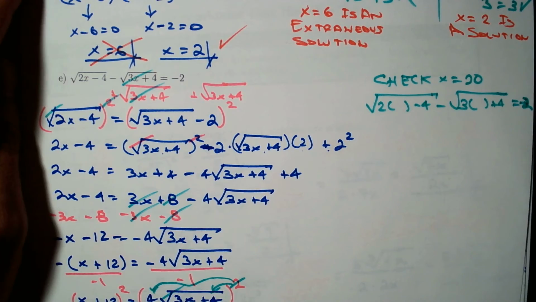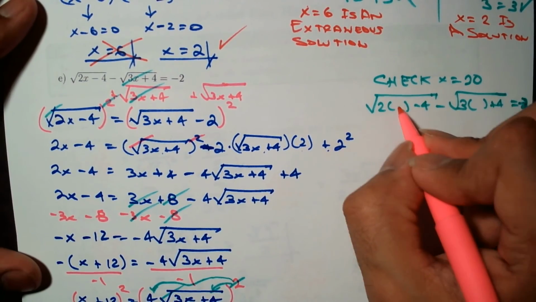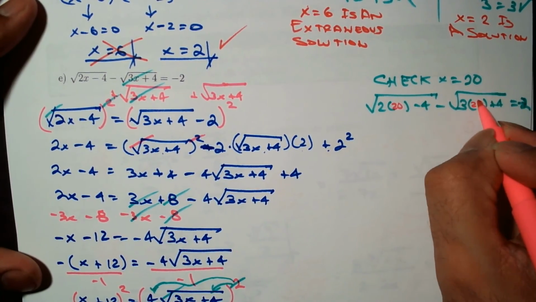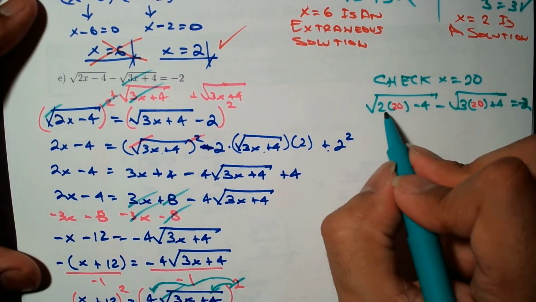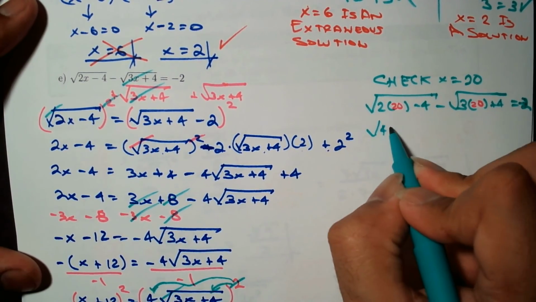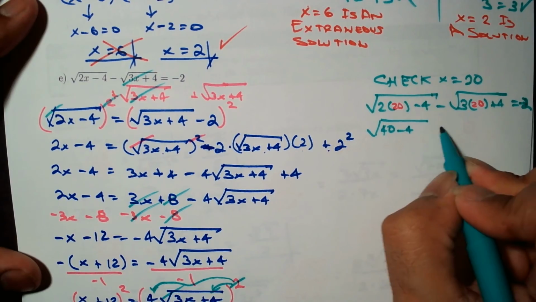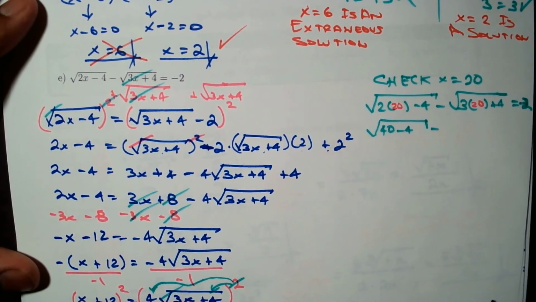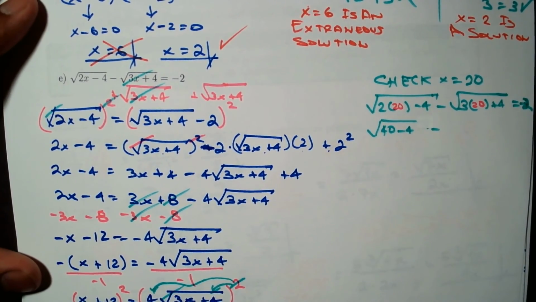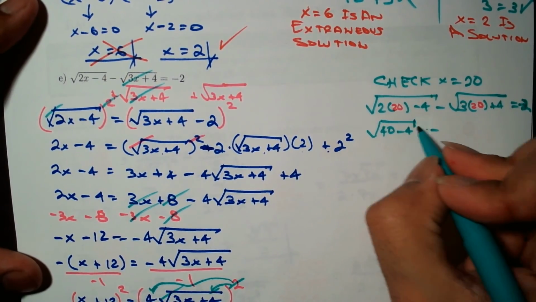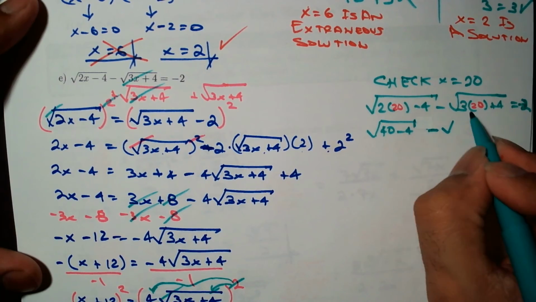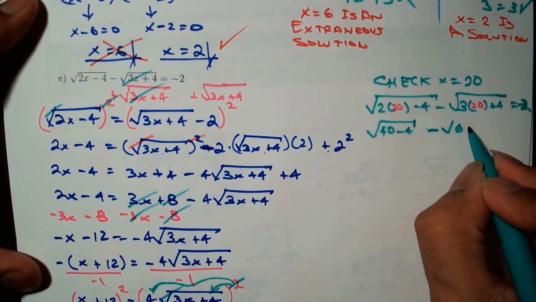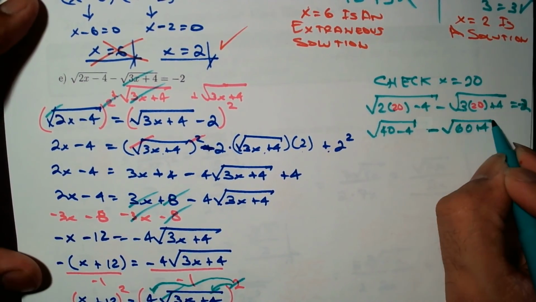Okay, let's find out if that is true. 20 times 2 is 40 minus 4, minus, and 3 times 20 is 60 plus 4.